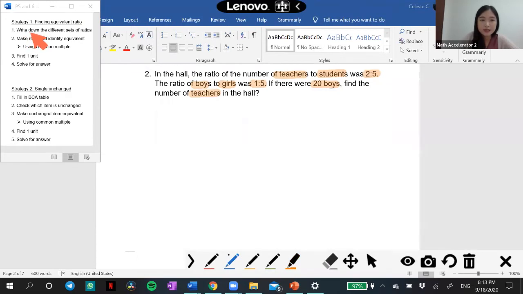Step 1, write down the different sets of ratio. So whatever you have, write it down. Teachers is to students, 2:5. Boys to girls, 1:5.